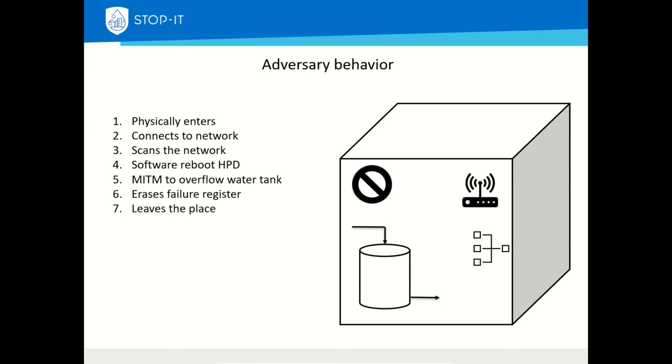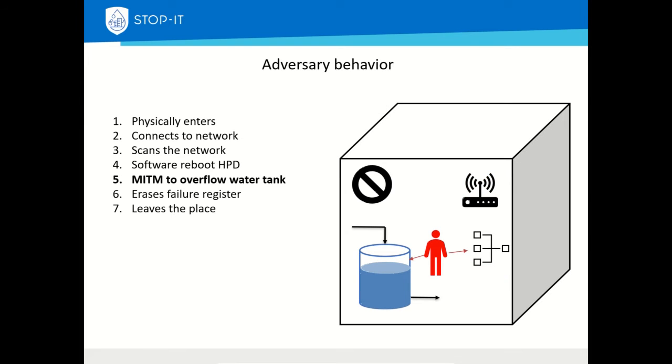Okay, let's see the adversary behavior. First, he physically enters the room by stealing maintenance staff keys. Then, he connects to the network with his own machine. Later, he scans the network and discovers HPD, the human presence detector. Once he knows about HPD, he reboots the tool via terminal command.